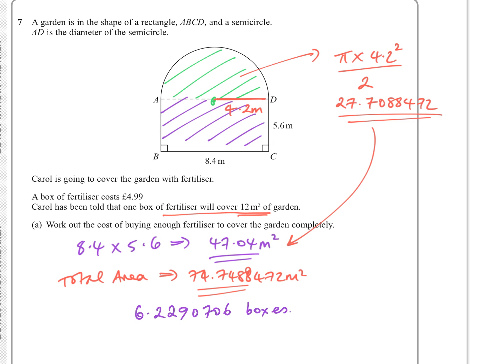But if we just bought 6, we wouldn't have enough, so we'd have to buy 7. And at £4.99, that will be £4.99 times 7, which is £34.93. So again, I've done a slower explanation on the foundation paper.